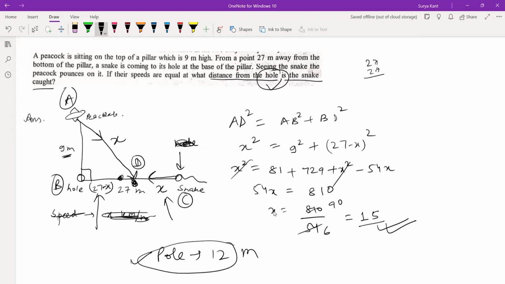Answer is 12 means they are saying hole here, right? Here is the hole, so 27 minus 15 is that only, right? So here we did it wrong, I think. We wrote pole here, no? The pole is nothing but hole, what you should write. And the snake point is somewhere here. Where is the snake?